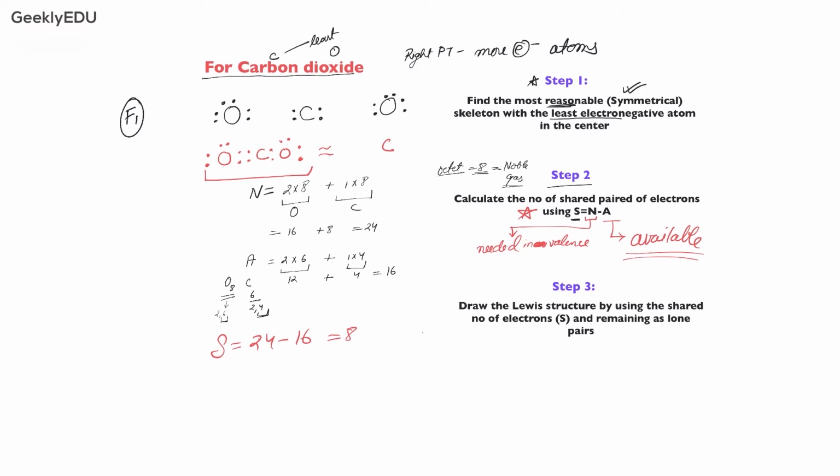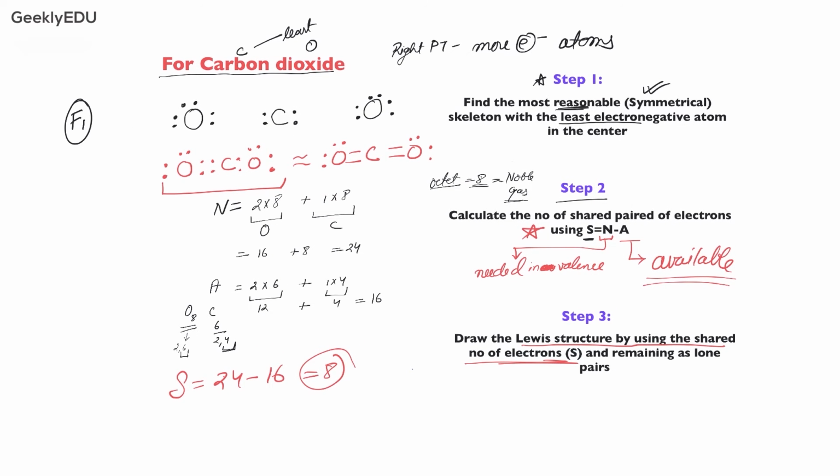So you can write C double bond O, and you can mention the lone pair electrons just like that. This is how you draw the Lewis structure using the shared number of electrons, that was 8, and the remaining were just placed as lone pair electrons.